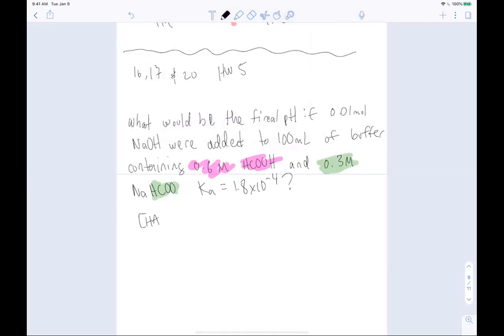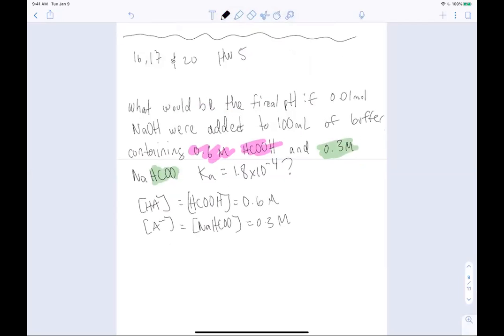So for a buffer, you want to identify what HA and A minus are. HA is equal to 0.6, and A minus is sodium formate, which is equal to 0.3 molar. This is a little bit different in that you have a different starting concentration of acid and base. It's not exactly equal. This is our initial buffer solution.